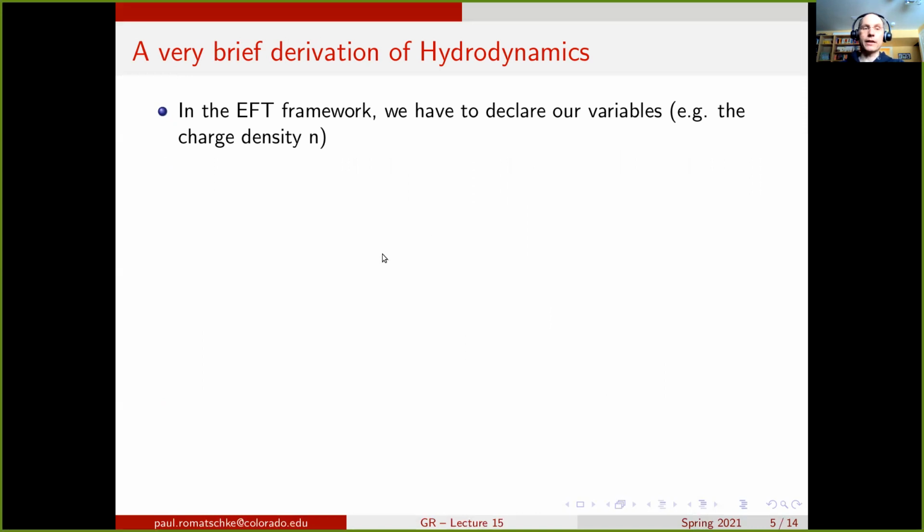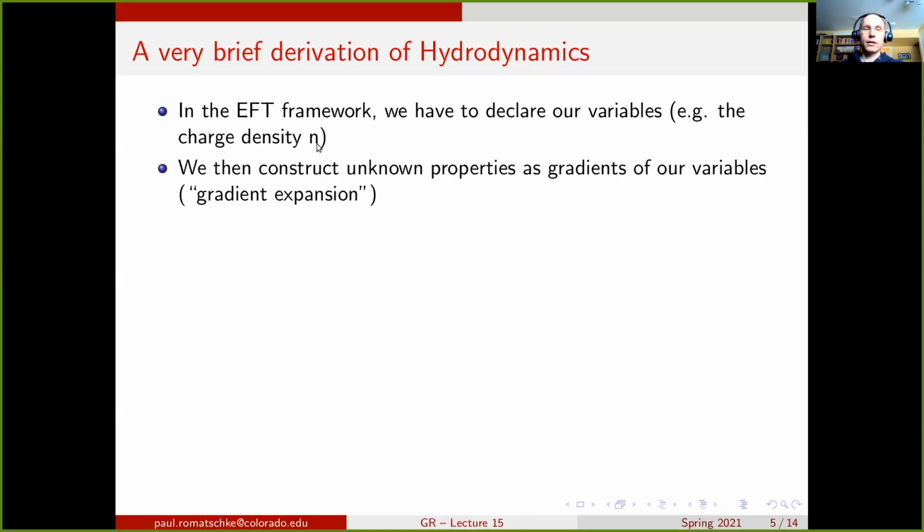And the variable that we can take is, for instance, the charge density n. Once we have the EFT variable, we then proceed to construct properties of the theory that we want to describe in terms of a gradient expansion of the variable. This is basically the EFT framework.